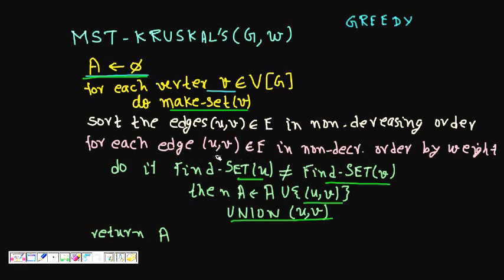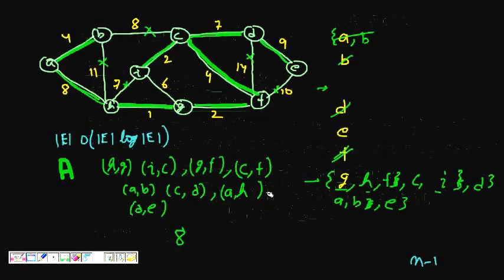For each of those edges, we check whether find set of U is equal to find set of V. If so, we don't include it, because if they are in the same set it will form a cycle. But when the sets were not equal, we also made the union of them so that they merged into a new set. This was the idea behind the minimum spanning tree using Kruskal's algorithm.